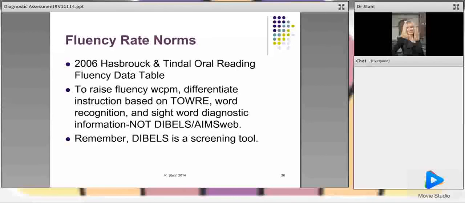And again, in order to raise reading fluency, once you've diagnosed that reading problems exist through multiple measures, both your CBM and the running record from an instructional level kit, you want to work on word recognition using your diagnostic tools from word recognition, and you want to work on high frequency words.